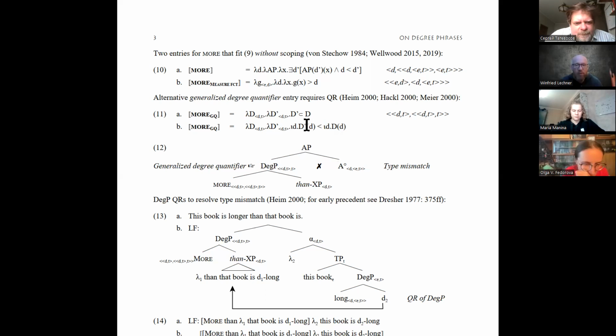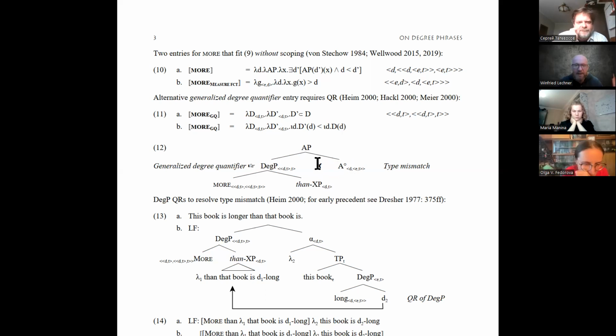Now, let's see what this degree quantifier interpretation of more gives for the structure that we had outlined before. On that view, more is a two-place relation that actually applies to the than phrase first, which is a set of degrees.